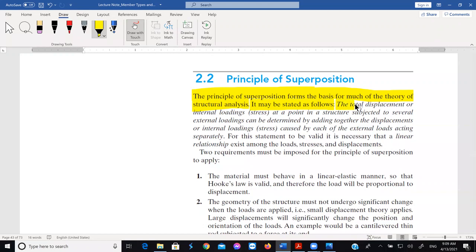The total displacement or internal loadings, that means stress, at a point in a structure subjected to several external loadings can be determined by adding together the displacements or internal loadings caused by each of the external loads acting separately. So if we just want to give an explanation to this principle, let us have a simply supported beam drawn here.